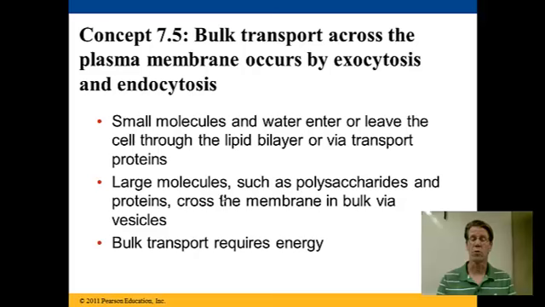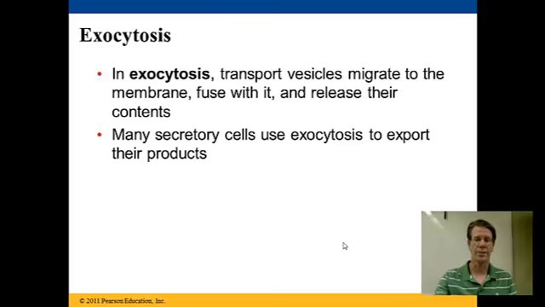It might even be able to move right through the lipid bilayer, so there's not as much work involved as if you have some really huge polysaccharides or a bunch of big bulky proteins that need to be moved into or out of the cell. So this definitely requires an input of energy. It definitely is active transport, but on an even larger scale than what we talked about in class.